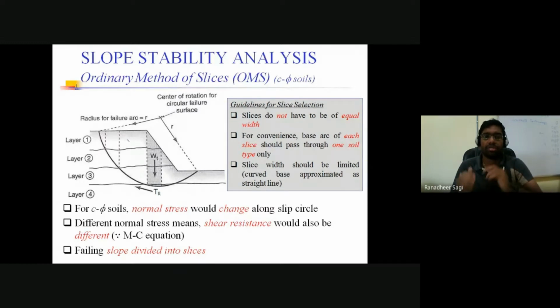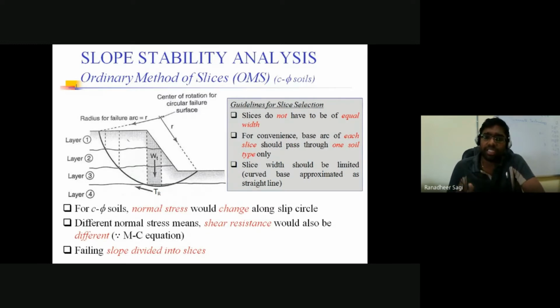So the total width of the zone of failure of the soil is going to be divided into n number of slices, n number of vertical elements.